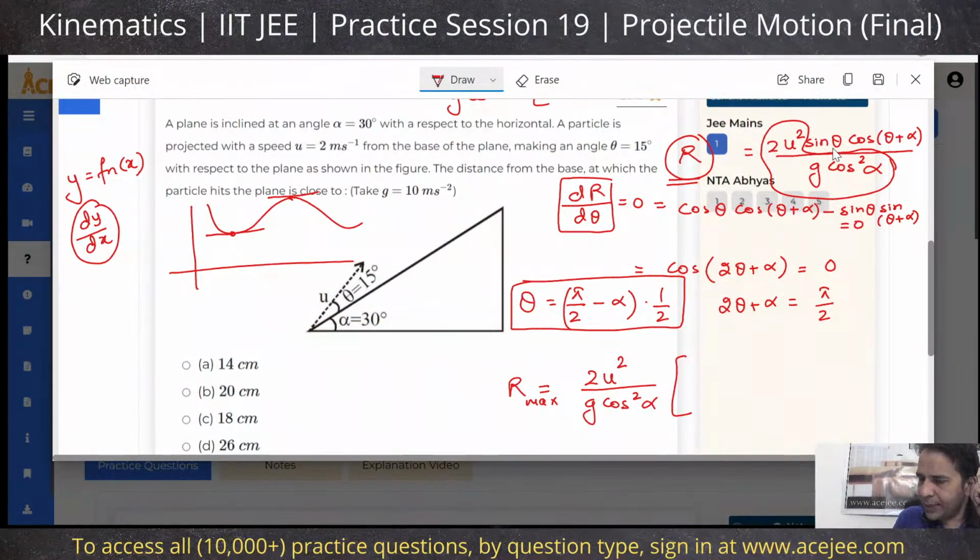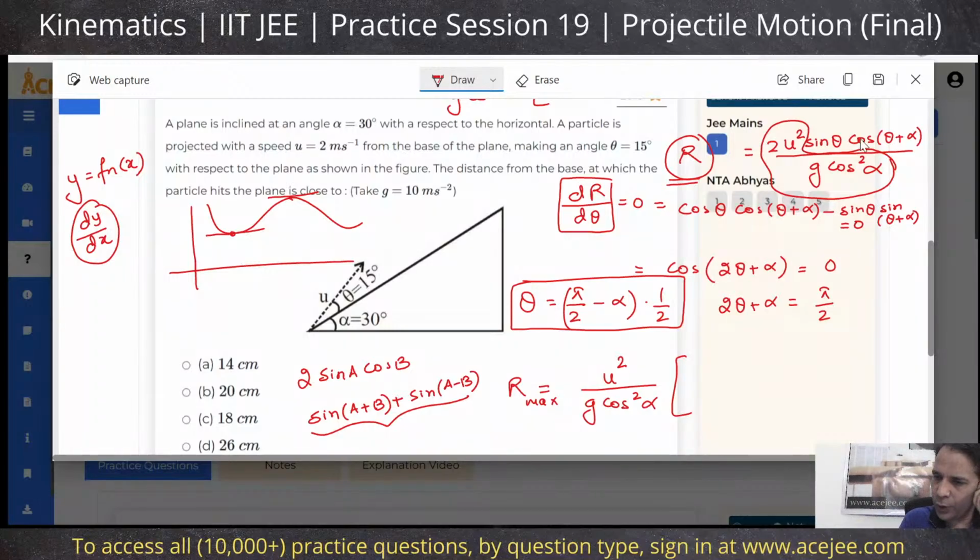I can write 2 sine A cos B as sine of A plus B plus sine of A minus B. Yes, beta?